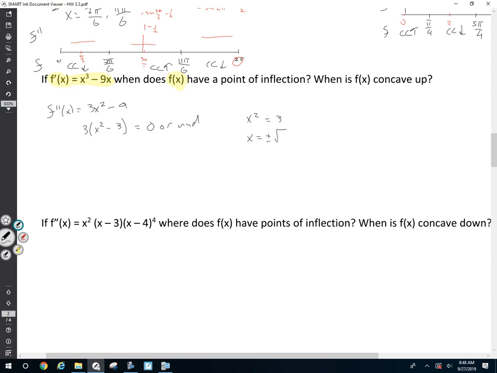We get a root. I know we haven't had a lot of roots and a lot of funky answers, but we need to be comfortable with getting a funky answer. And this is a situation where we do have a funky answer. So if f double prime is 3x squared minus 9, we will have possible points of inflection at negative root 3 and positive root 3.